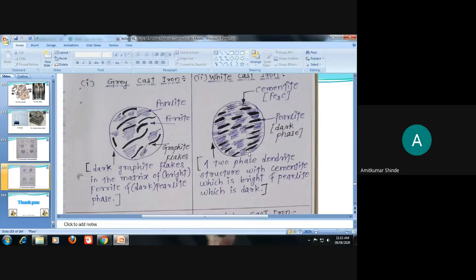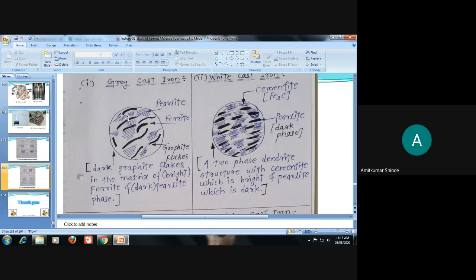Okay. So this is the microstructure of cast irons, and from that the first diagram is for gray cast iron, and the second diagram is for white cast iron. In the gray cast iron, as we have clearly discussed, it consists of free carbon in the form of graphite, the dark flake-like structures, these are the graphites.